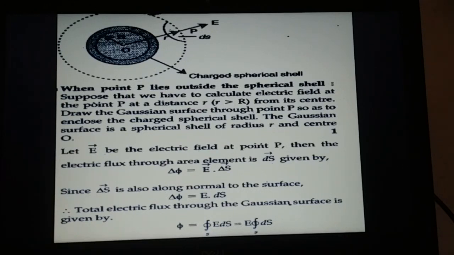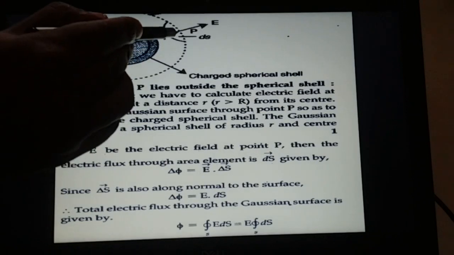So Q is the total charge on the spherical shell, and surrounding that you can see a dotted sphere. It's a two-dimensional figure, so you can see it as a circle, not as a sphere, but remember it is a spherical body. So you are having another spherical body with a radius small r.